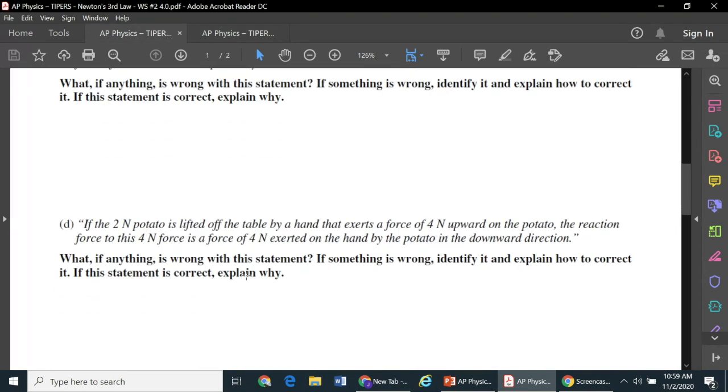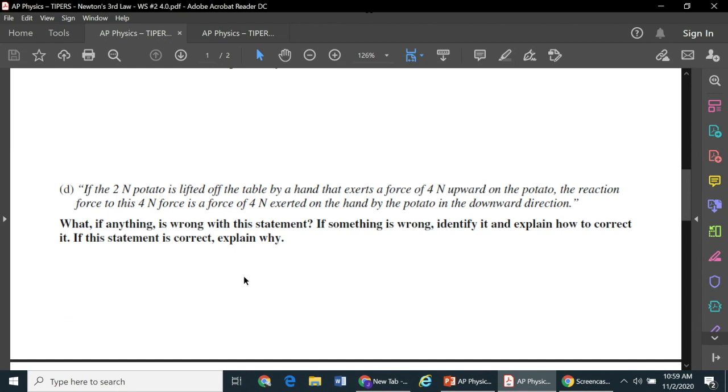And lastly, part D says if the 2 newton potato is lifted off the table by a hand that exerts a force of 4 newtons upward on the potato, the reaction force to this 4 newton force is a force of 4 newtons exerted on the hand by the potato in a downward direction. Now, there's a lot there, and the way that's phrased is confusing, so let's read it again.